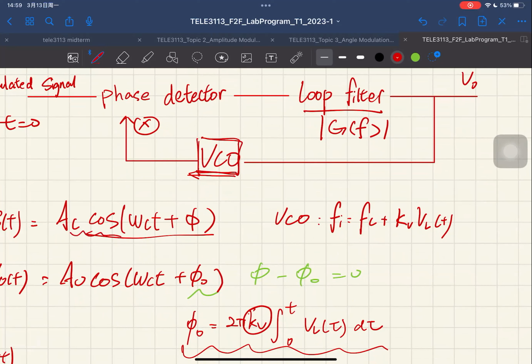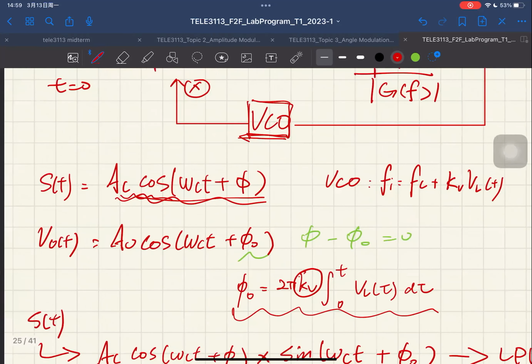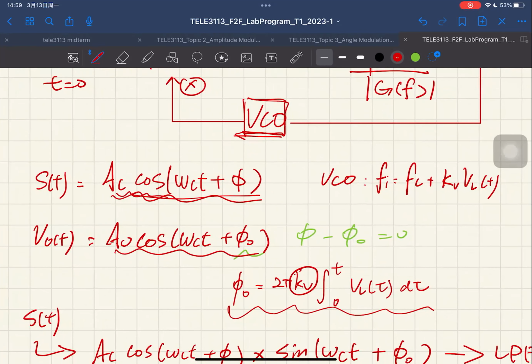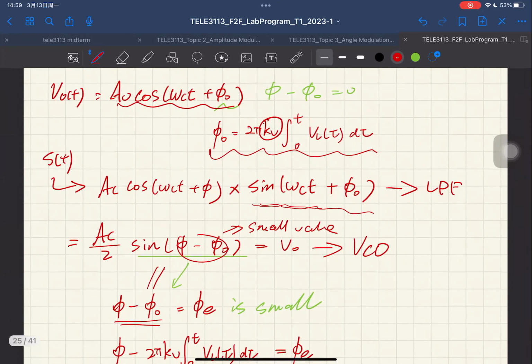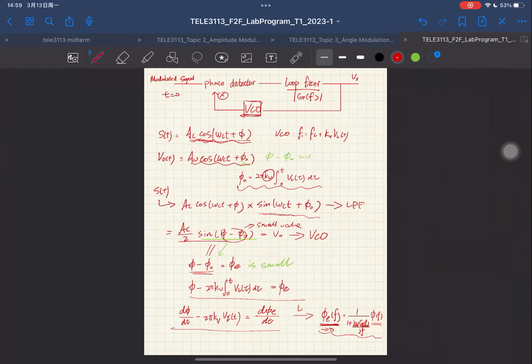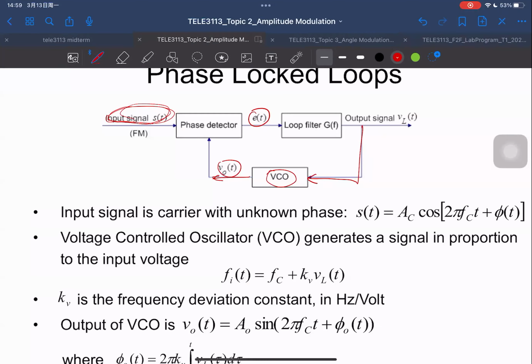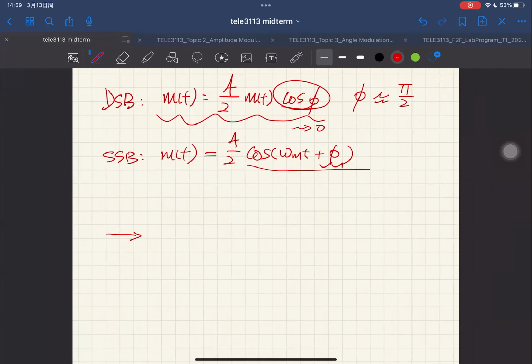So we do a frequency modulation to this signal, and then we multiply these two signals together to get this expression, which gives you a phase error. Does that make sense? Yeah, cool. So that's the trick with the PLL.